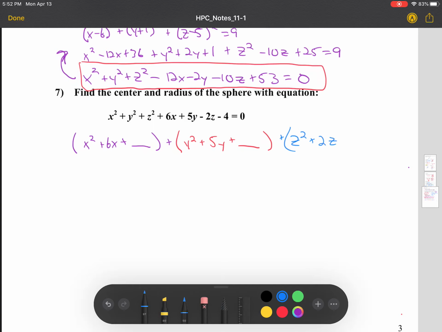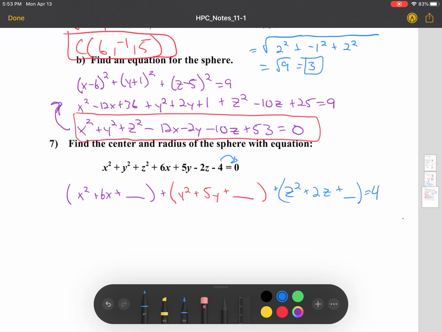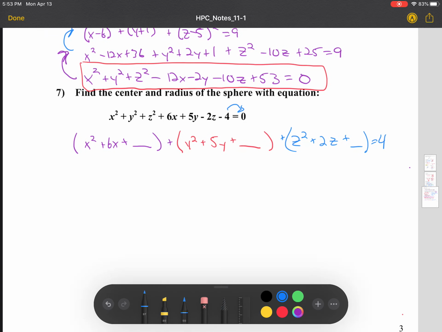Plus our z squared plus 2z plus a blank equals 4. All I did was move that 4 over there, reorganize these, and put a blank in, because we now want to make the leap from here to this line. We want to have it in our perfect square, so we have to force it to work.